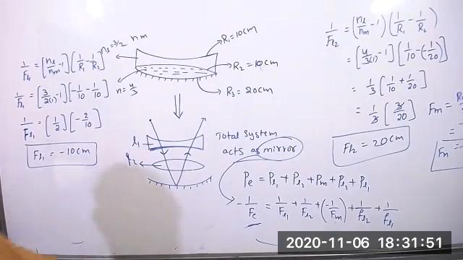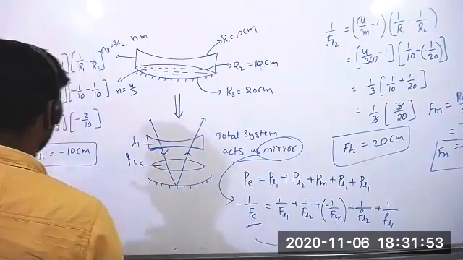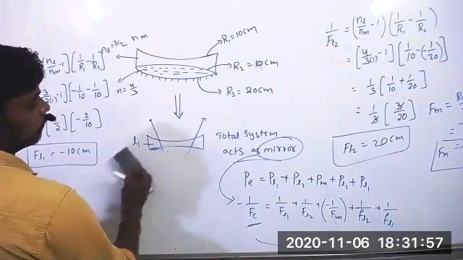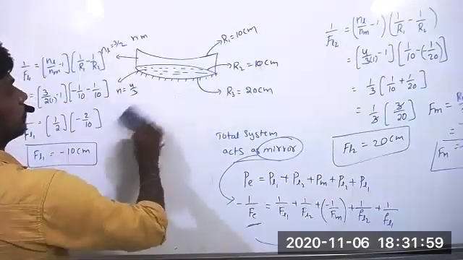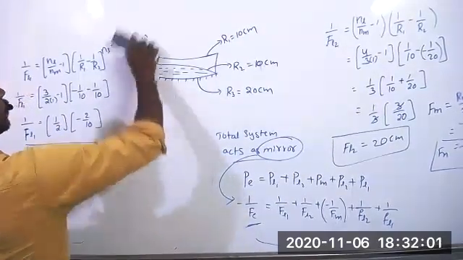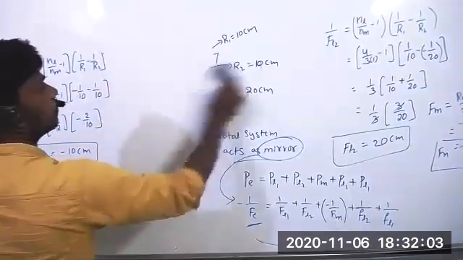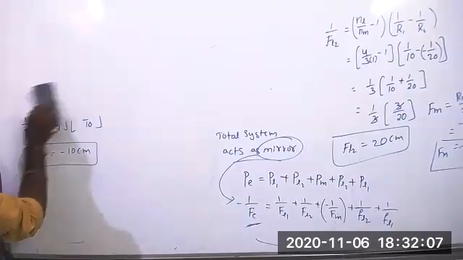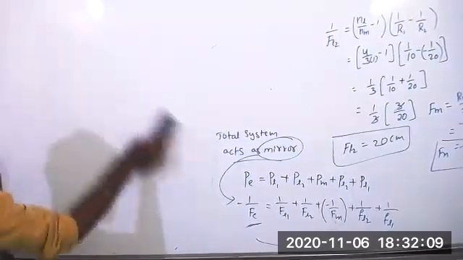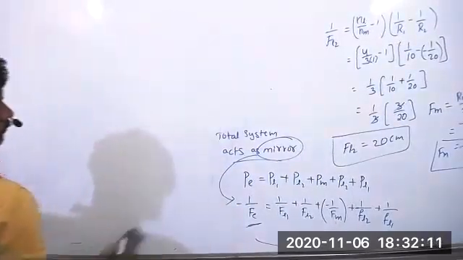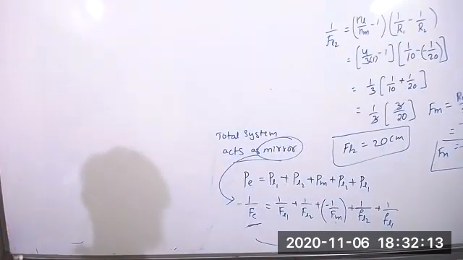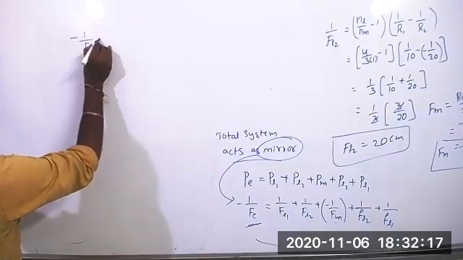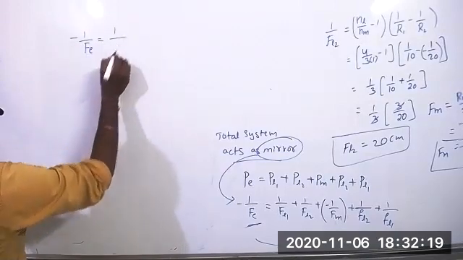So after this, find out 1 by FE, how much? Minus 1 by FE equal to 1 by FL1, how much?